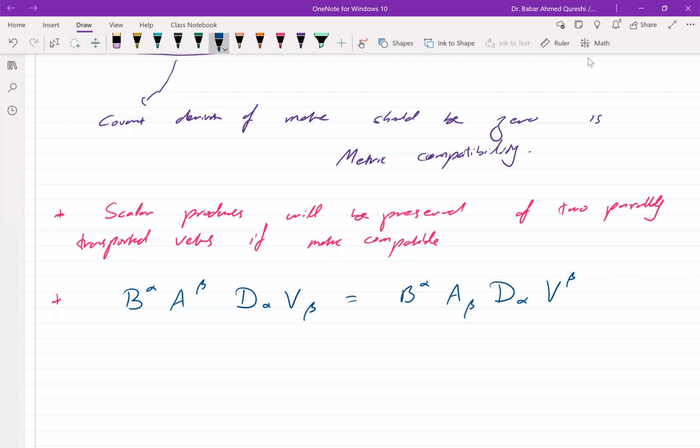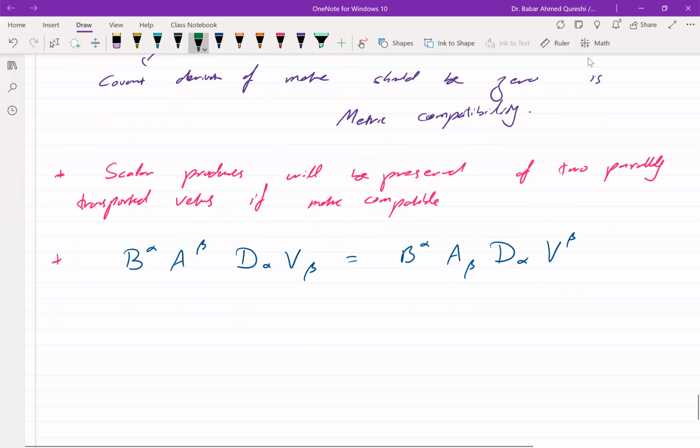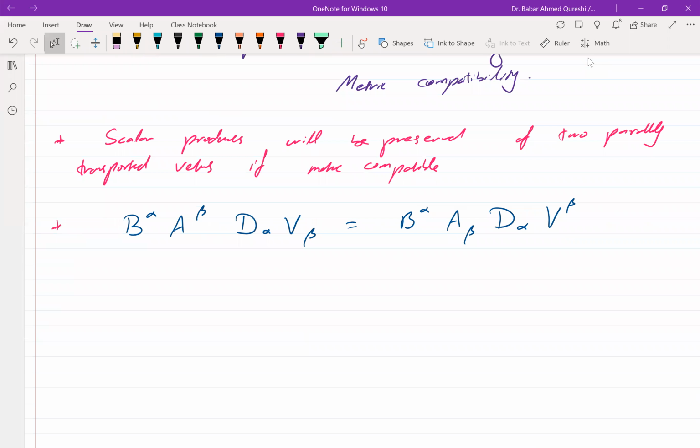So we will be able to freely raise and lower indices inside a covariant derivative.